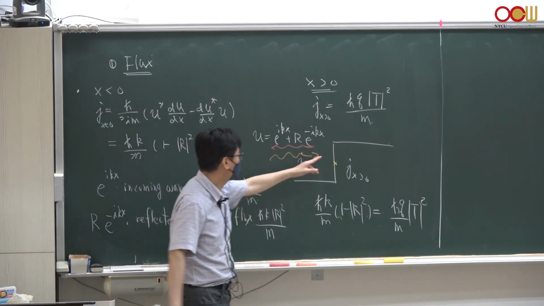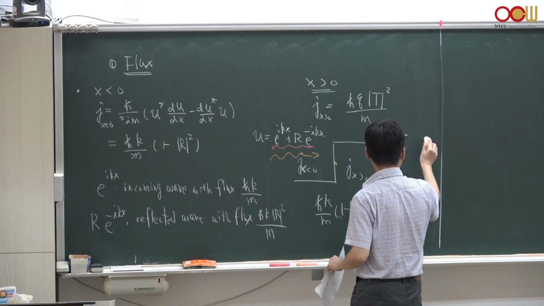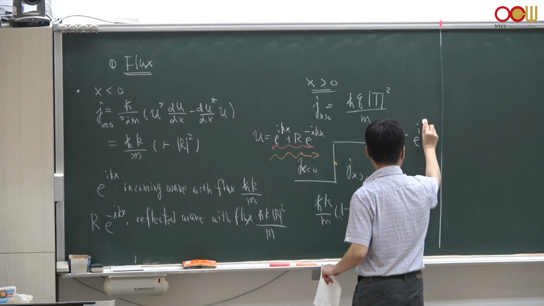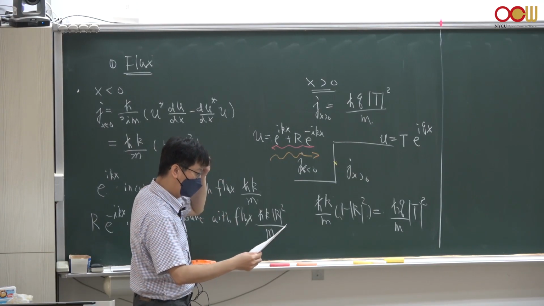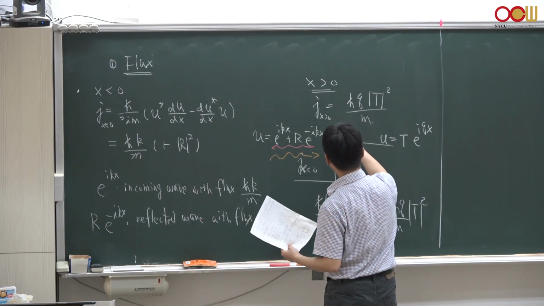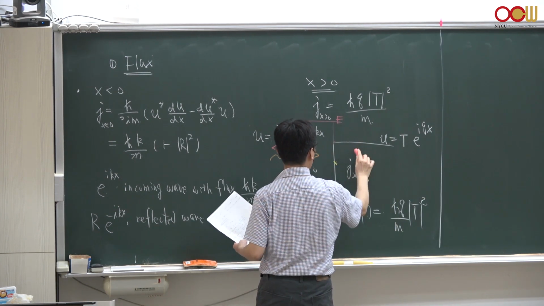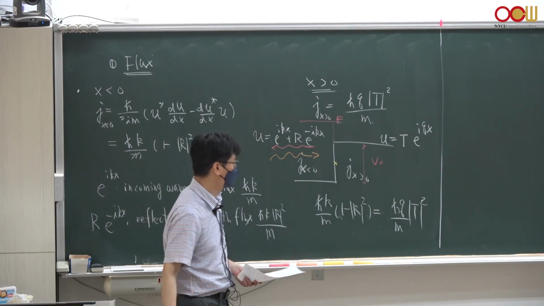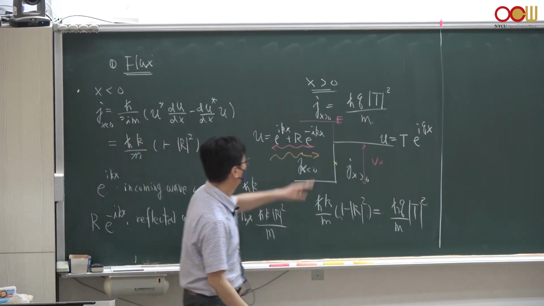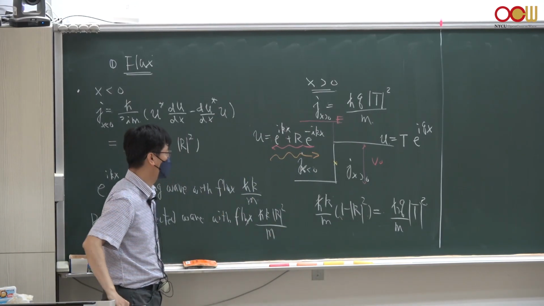What about the right-hand side of this potential step? Well, your U is actually the transmission coefficient times e to the iqx. Of course, you need to assume that your energy E is larger than your potential step V0, so that the outgoing transmitted wave is a wave, not an exponential decay.